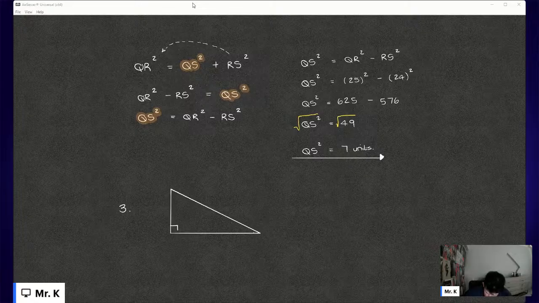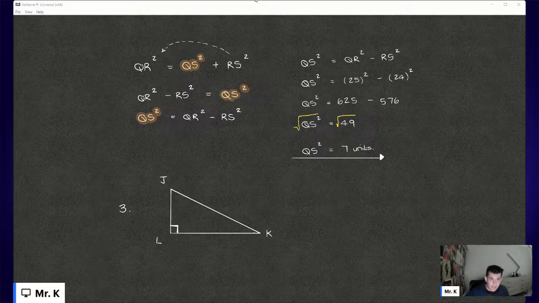Okay, a right-angled triangle. Example number 3, the last one we're going to do today, a variation of finding the third and final missing side. Let's say we are working with triangle JKL. We know the measurements of 2 of the sides.